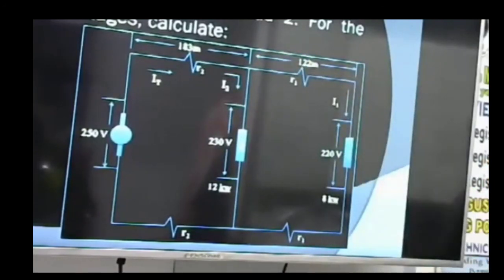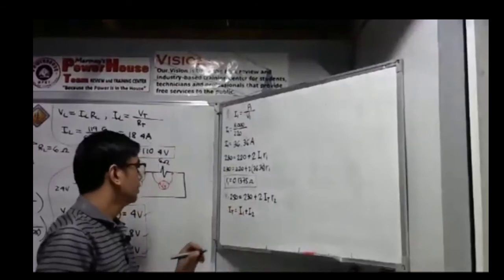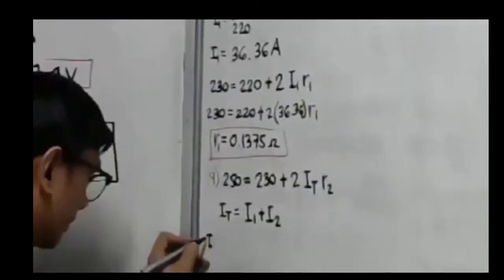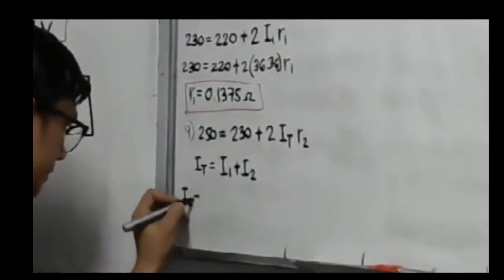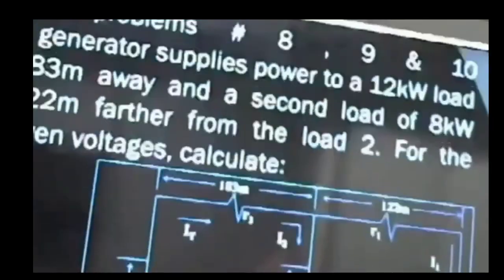I total is equal to I1 plus I2. Okay, let us calculate the value of I2 first. That is equal to the power at load P2, which is 12,000 watts. So put here 12,000. Then what about the voltage? The voltage is 230 volts.